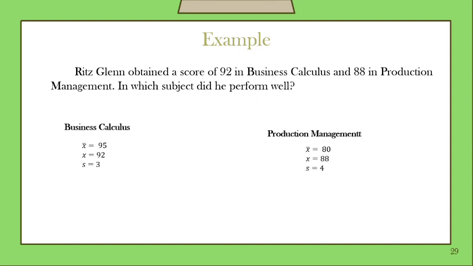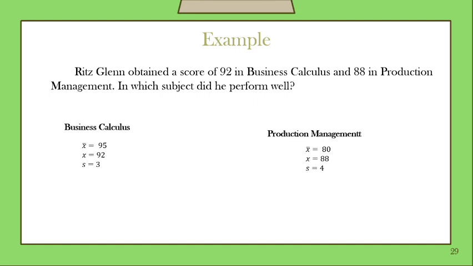So, let us add the mean values and the standard deviations of the scores of students in business calculus and production management as shown. So, for example lang ito ha. Yung business calculus, ang mean niya is 95. Ang raw score ni Glenn is 92 and ang standard deviation is 3.